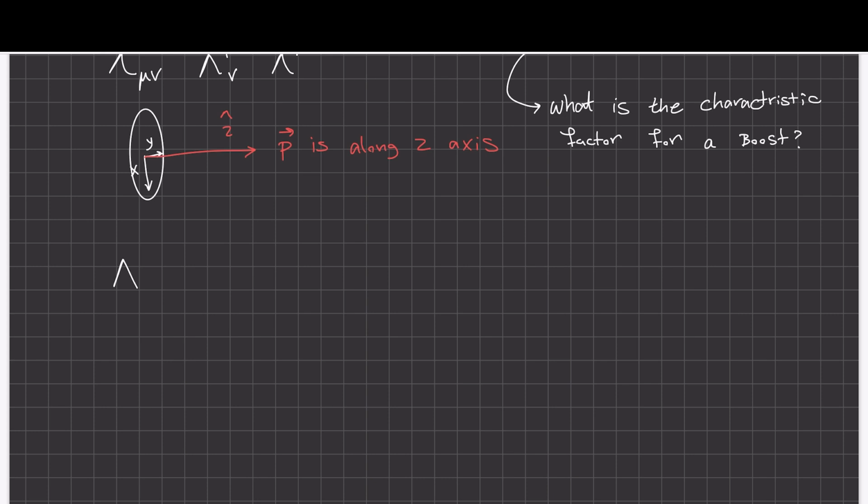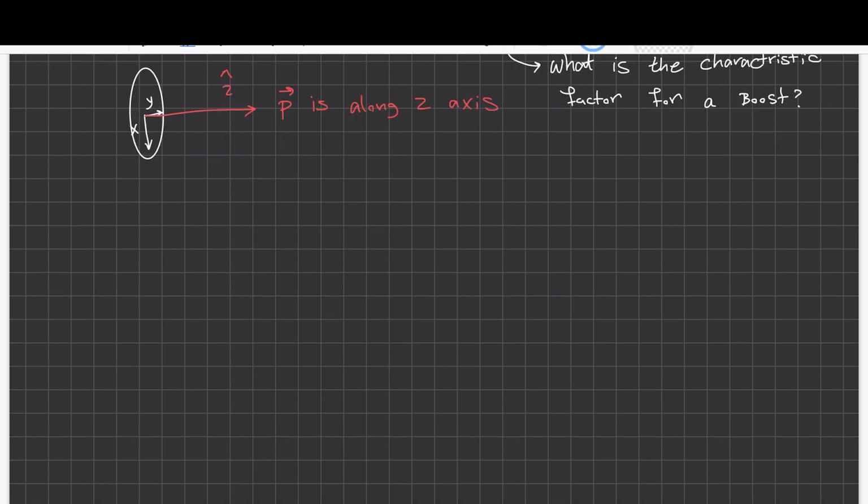So I'm going to write down this lambda of z as a function of gamma. This gamma is not the Dirac matrices; this gamma is the relativistic boost factor. It's a factor in relativity. Gamma is defined as 1 over the square root of 1 minus v squared over c squared.